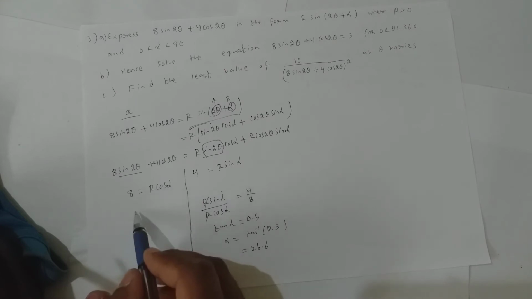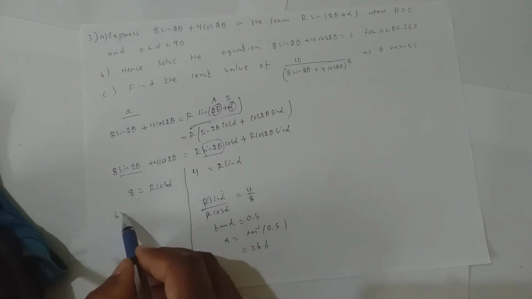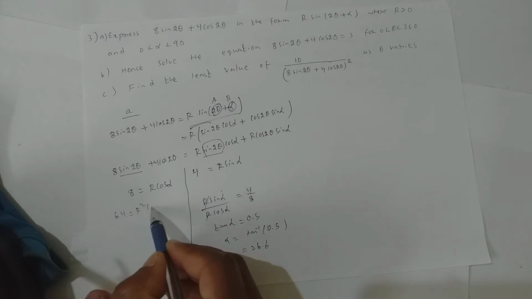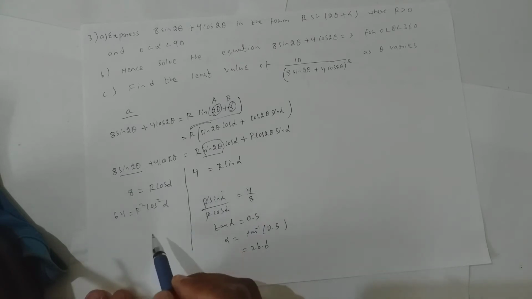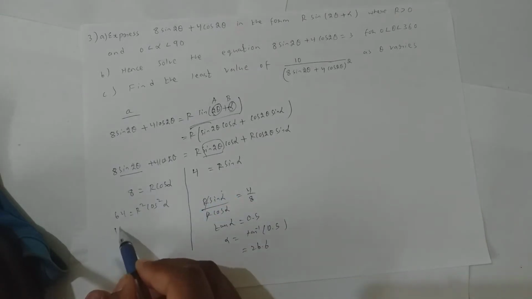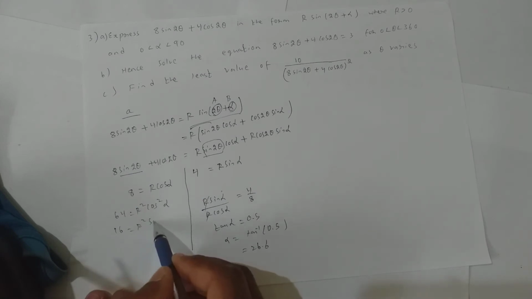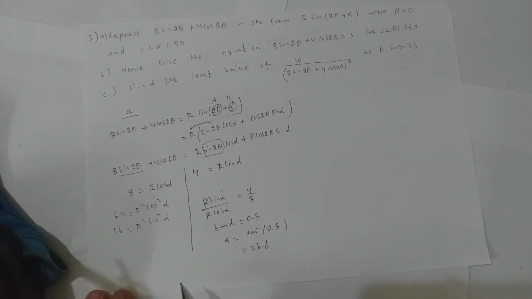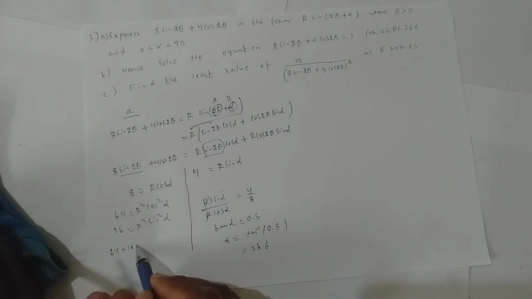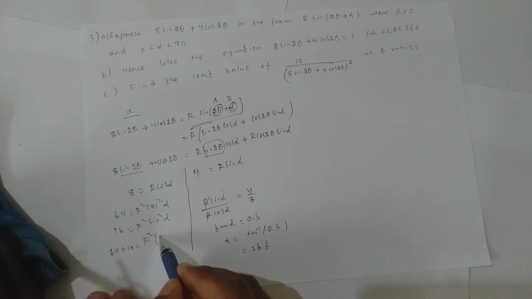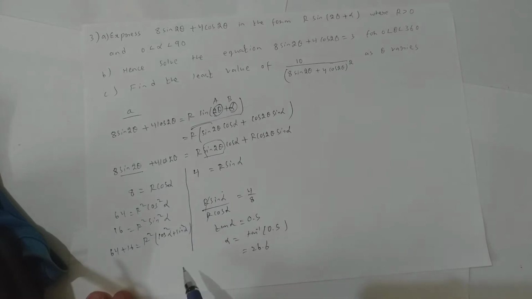Now how do I get the value for r? Same method, square each and add. Here it becomes 64 equals r square cos square alpha. Square it and write here 16 equals r square sin square alpha. Add these two: 64 plus 16 equals, take r square common, so it becomes cos square alpha plus sin square alpha.